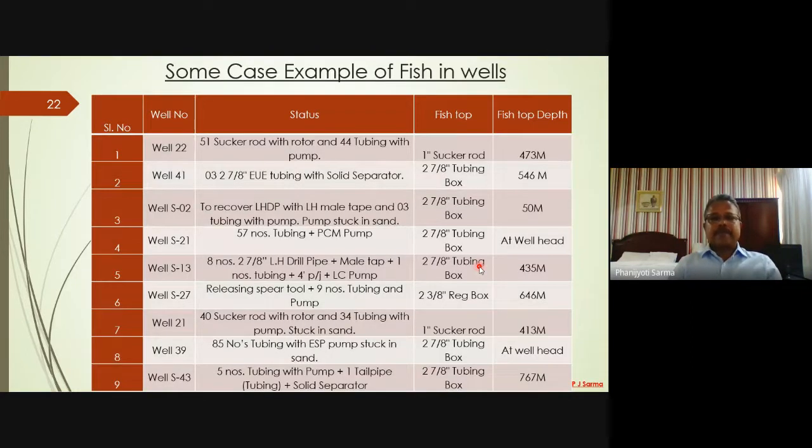So there are various types of failures that happen. Some examples: in the process of the failure, the well is left with the fish. I'm not going through them individually, but this is a list of some wells which have sucker rod failures, tubing failures, right?